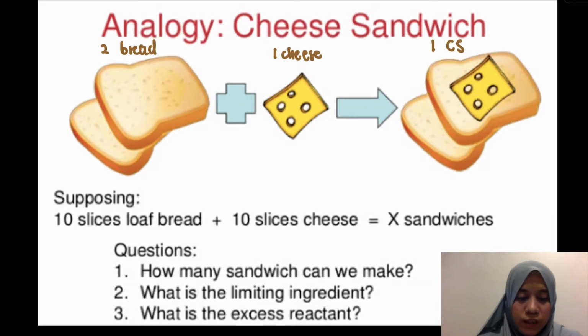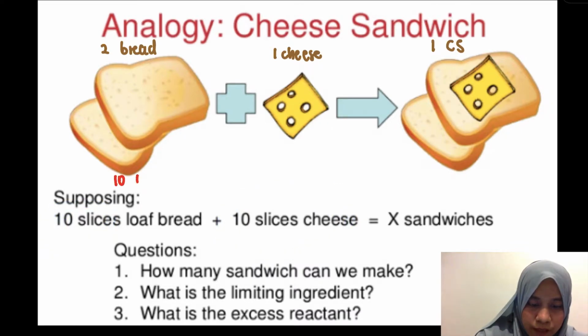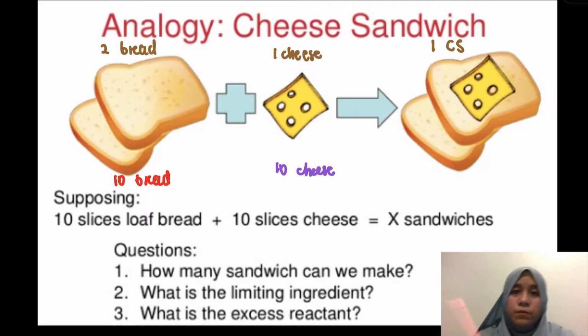Sekarang ni yang ada 10 slices of loaf bread and 10 slices of cheese. So, I'm just going to use, contohnya dekat sini, I do have 10 bread and then I have my 10 cheese. Contohnya ni I'm just gonna buat dia sebagai kita punya number of mole.